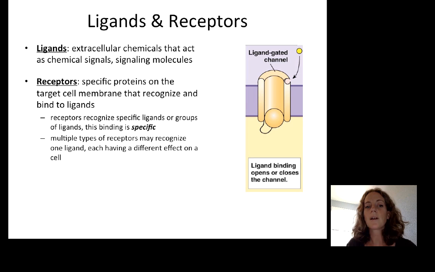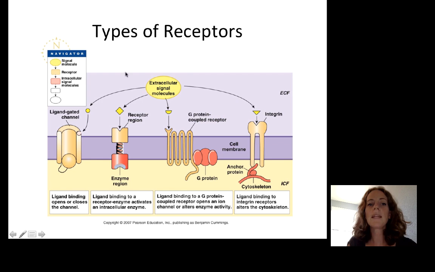Ligand-receptor interactions are very general ways of chemicals interacting with other cells. There are many types of receptors, and we can't even get into all of the specifics here, but we're just going to do something very general. There are receptors that are channels.